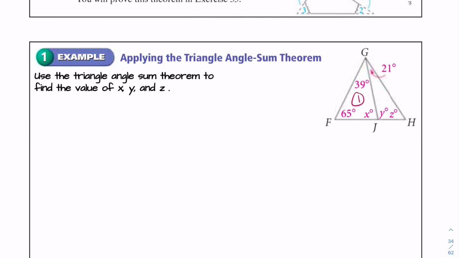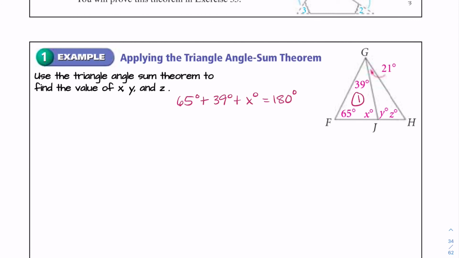For triangle 1, I think I can find x. If I do 65 degrees plus 39 degrees plus x degrees equals 180, I can actually solve for x in that triangle, in triangle 1.